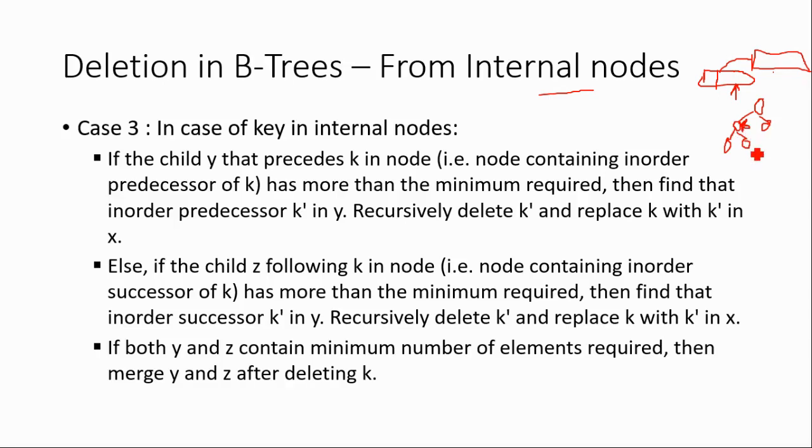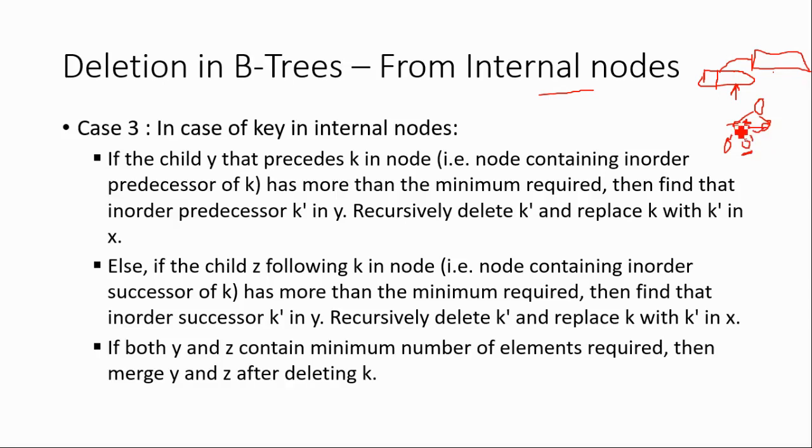So in that case, what we do is we first find the in-order successor of that node, and then we replace the deleted node's value with the in-order successor's value.